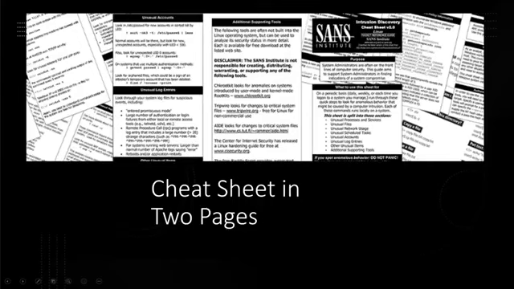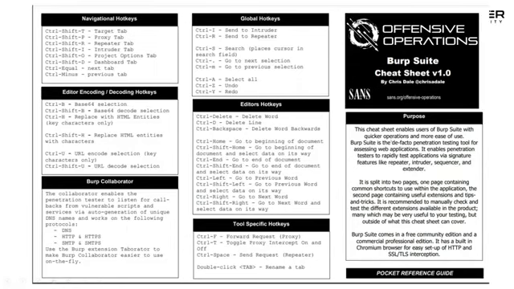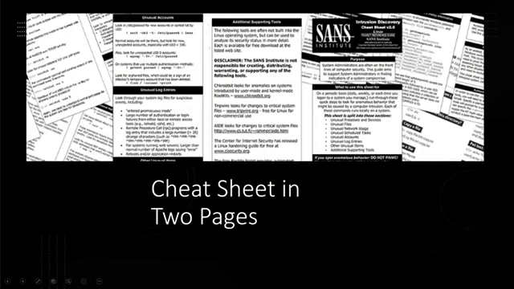I was going to draw on the screen here, but that apparently does not work because of resolution problems. But basically, if you look at my cursor, there's white space between the different columns, and that means you are able to fold it in a tri-fold, and that's pretty nice. Page 1 of the cheat sheet is hotkeys and navigation. Page 2 of the cheat sheet is extensions and useful tips and tricks.